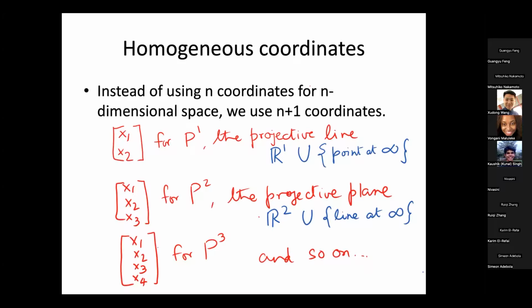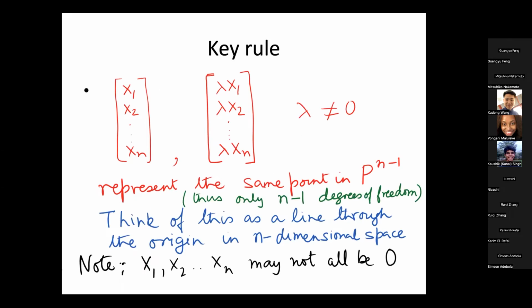Okay, you might be wondering why do we want to do this? First of all, this adds redundancy. So how do we resolve the redundancy? The redundancy is resolved by this characterization, which is that if you have a vector of coordinates, right, then any scalar multiple with a non-zero value of that scalar corresponds to the same point.